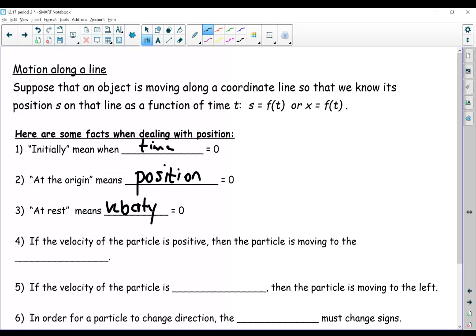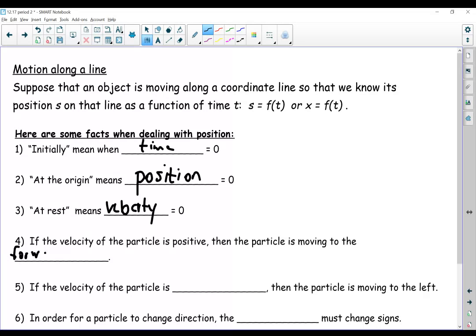Now, if the velocity of the particle is positive, what does that tell us about the particle? It tells us that the particle is moving forward or to the right.